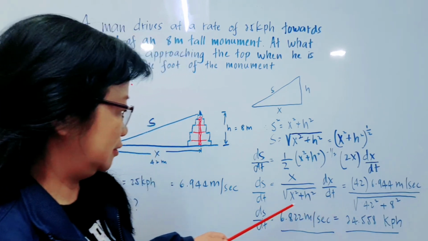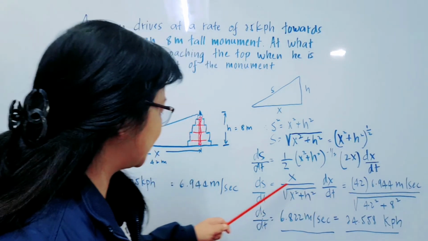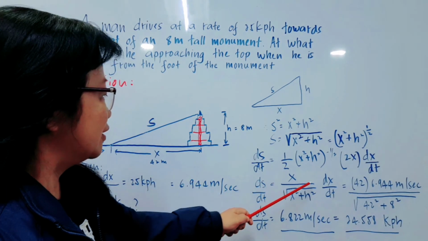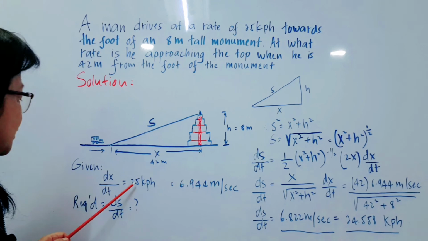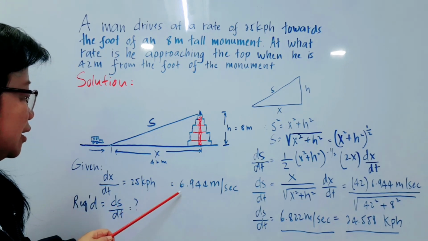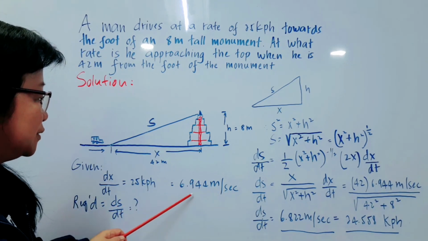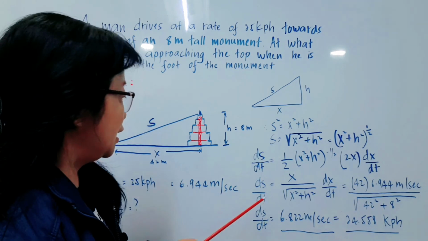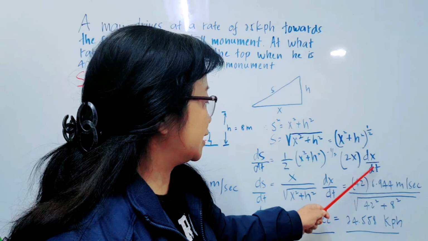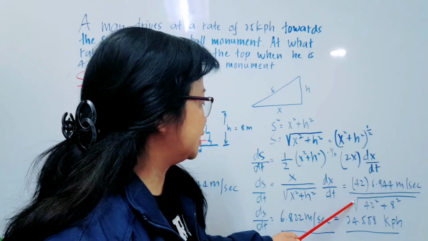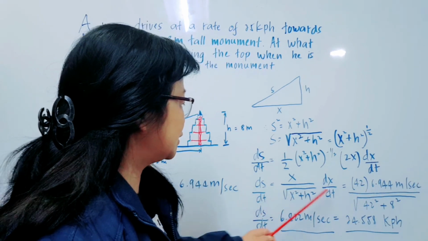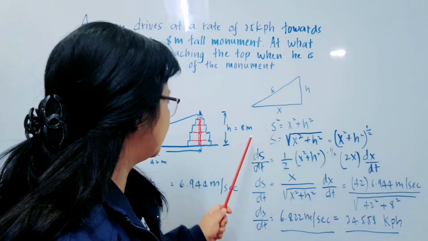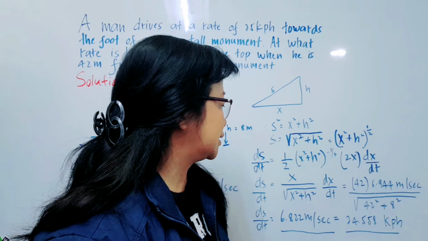Now, substituting the values: x is 42, and dx dt is equal to 25 km per hour, or changing it to meters per second, 6.944 meters per second. So we substitute dx dt, divided by the square root of 42 squared plus h, which is 8 squared.